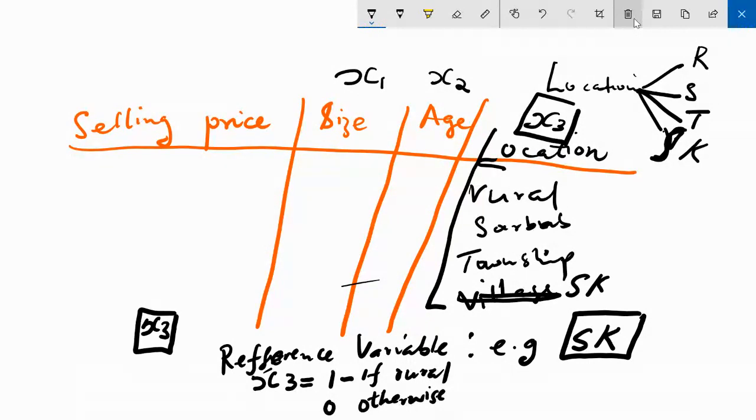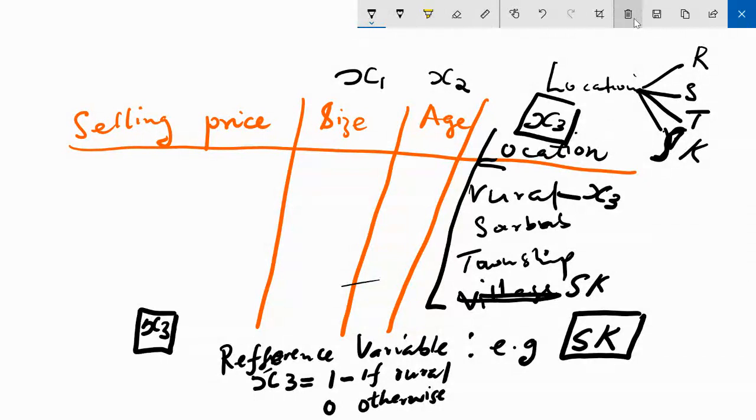Whenever you see X3, it goes with 1 if the house is located in a rural area, or 0 otherwise. If the house is not in a rural area, it's either in a suburb, in a township, or in a squatter camp.